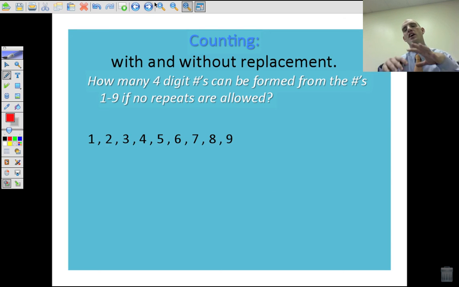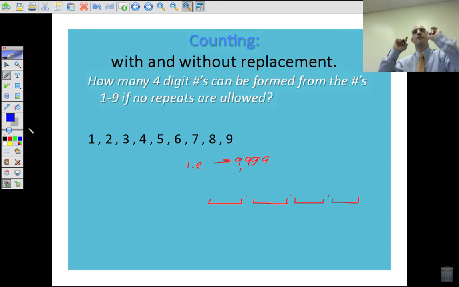Let's look at that if there were repeats allowed. So for example, if I choose 9, but then I chose 9 again, then 9 again, then 9 again, this would be allowed. Let's think about this in terms of those boxes once again. I'm going to be multiplying those boxes together. In the first slot of that 4-digit number I have 9 possibilities. In the second, if I can pick that same number again, I have 9 possibilities again.